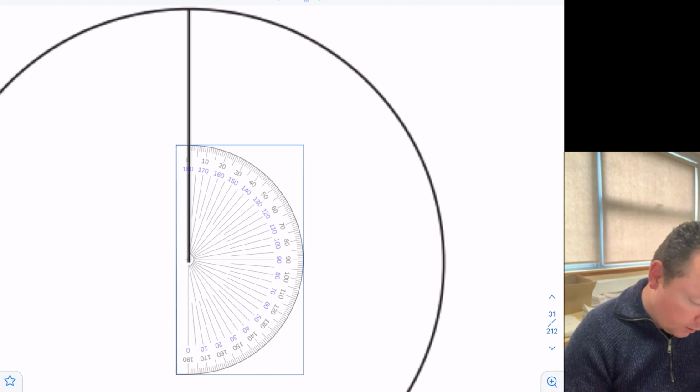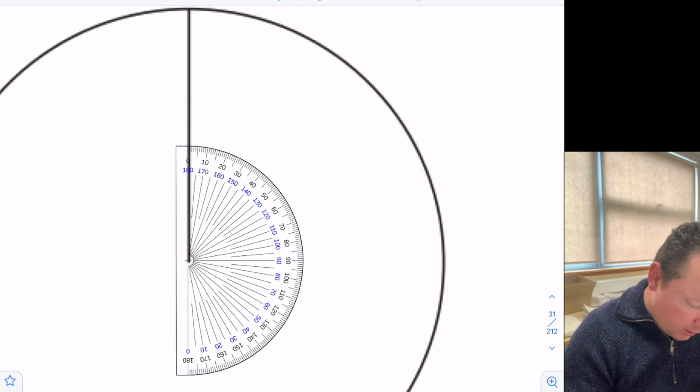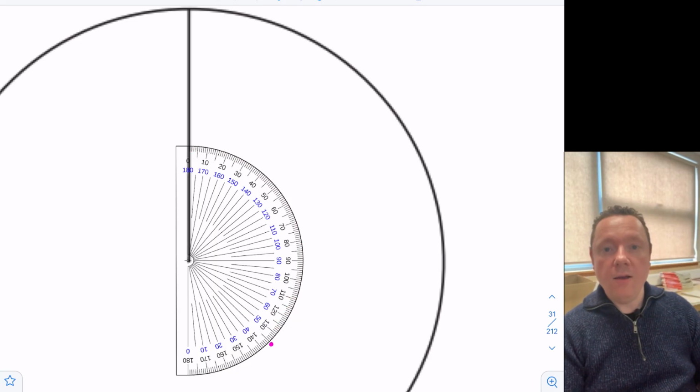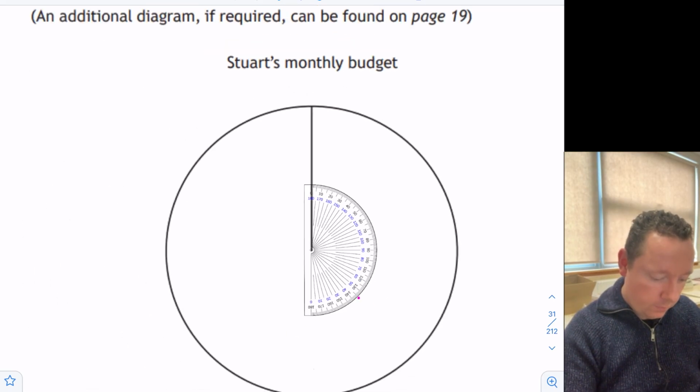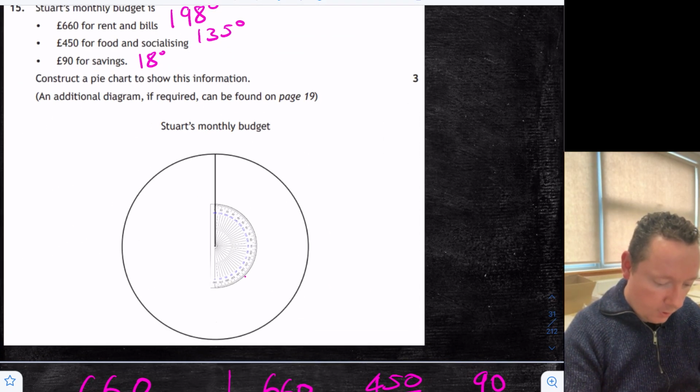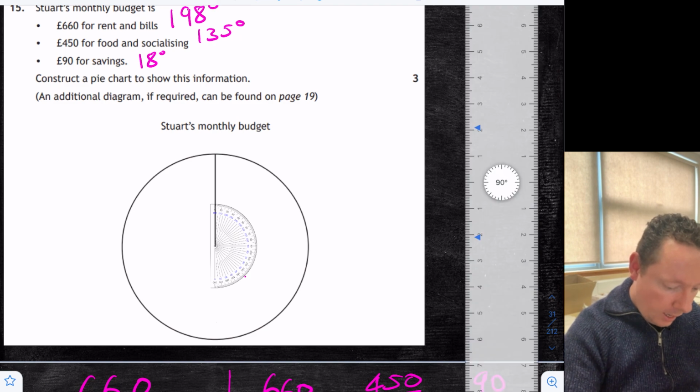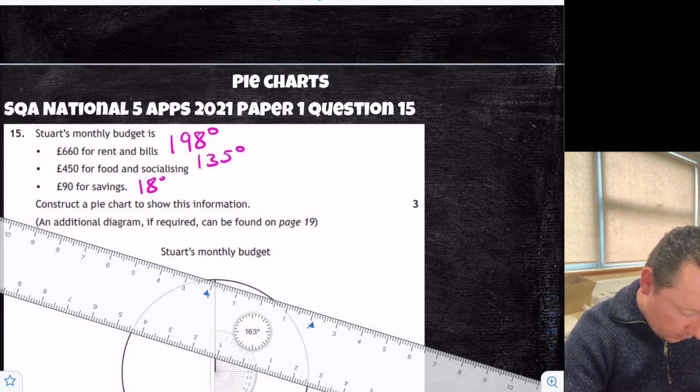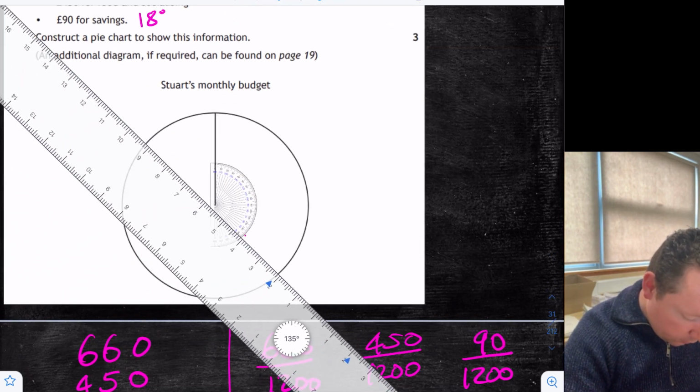Make sure it goes through the 0. And we get our pencil and we mark on where 135 is. Now I'm on the outside scale to the right. 135 is around here. So we just mark on 135 and we get our ruler out. So I'll just get my ruler and line it up through the dot.